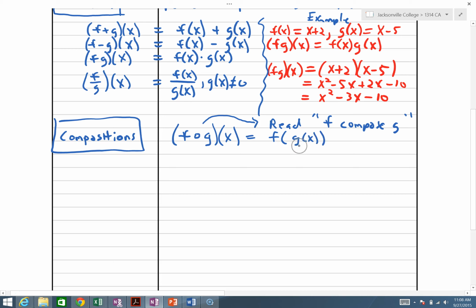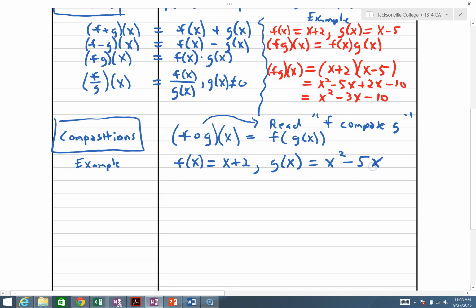Notice we're taking our G function and we're inserting it into the F function. Let's look at a specific example. Let's say I have my F function and it is x plus 2. And I have my G function and it is x squared minus 5x.